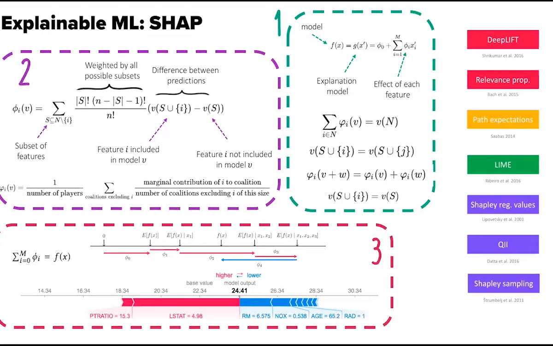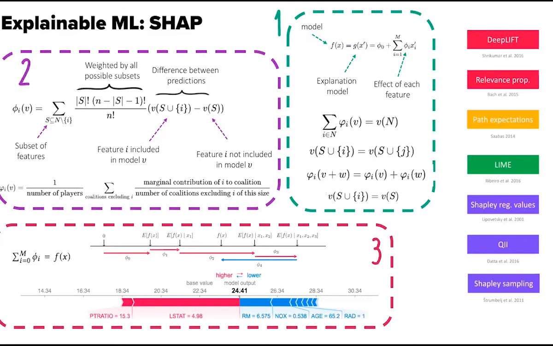In our case, it's age. And in the end, when we want to explain this, we want to know how much of the treasure each feature needs to take in a fair way. So in our case, we want to understand what each feature brings to our prediction.